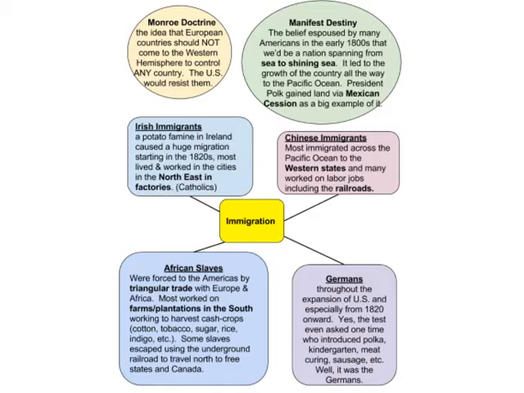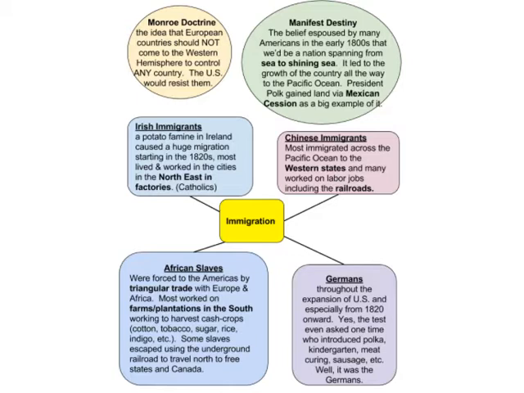Talking about immigration, Irish immigrants came because of the potato famine, and from the 1820s on, the potato famine was actually a little bit later, but the 1820s on, the Irish immigrated mostly to the Northeast in big cities, urban areas. They were Catholic, and many of the Irish worked in factories, some of them even on the Erie Canal, and big projects or urban areas in the Northeast mostly.